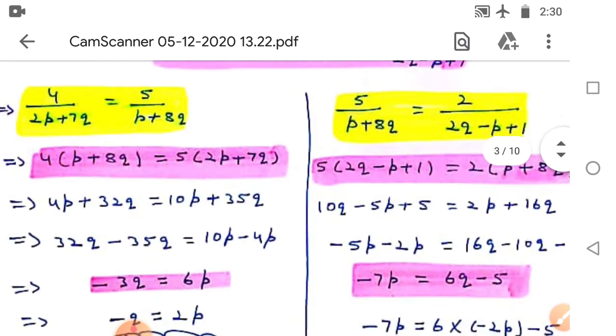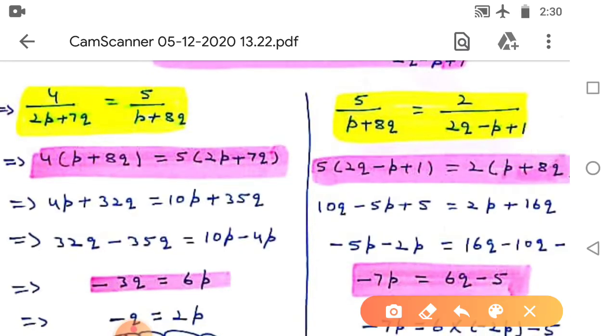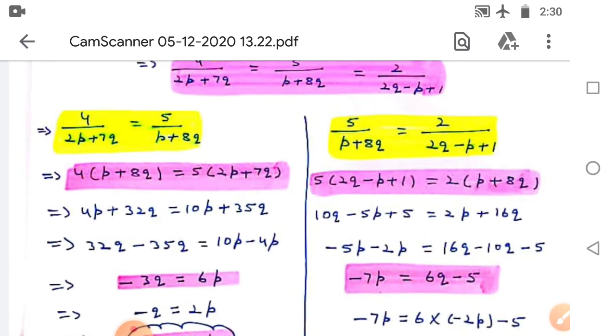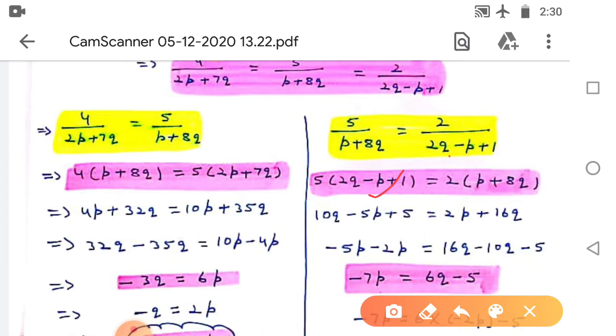Now look at the second and third equalities, that is 5 upon p plus 8q is equal to 2 upon 2q minus p plus 1. After cross multiplication we get 5 into (2q minus p plus 1) is equal to 2 into (p plus 8q).